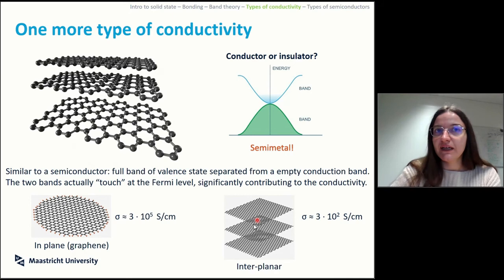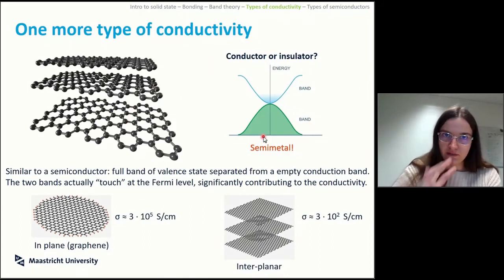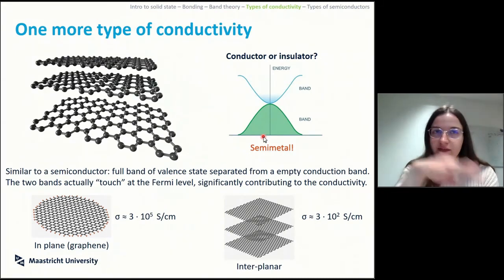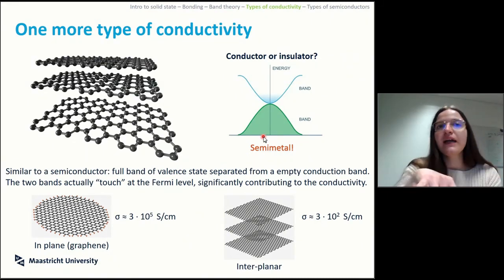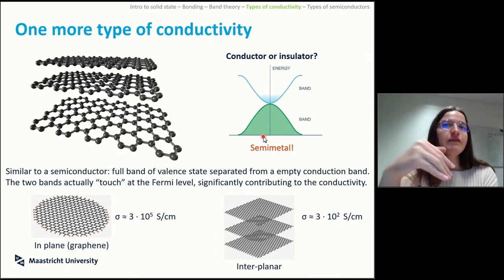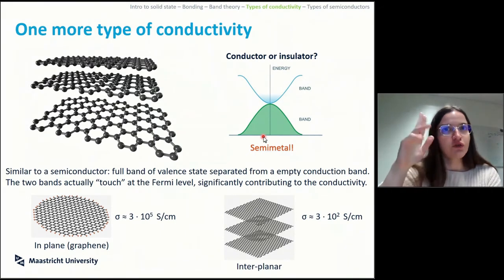So you can have a material that, given the bonding arrangement, the atoms involved, and the complexity that arises from them, has a band structure far more intricate than this overlapping with this, or this huge space with nothing in between. And you can have different behaviors depending on where in the structure you are looking.